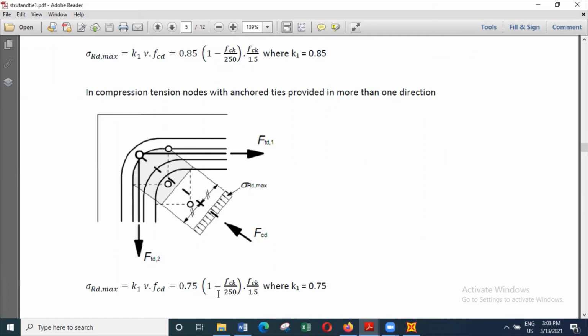So 0.75 multiplied by 0.9 divided by 1.5 gives a value of 0.45. 0.45 fck is the strength with 25 megapascal concrete at a joint like this.